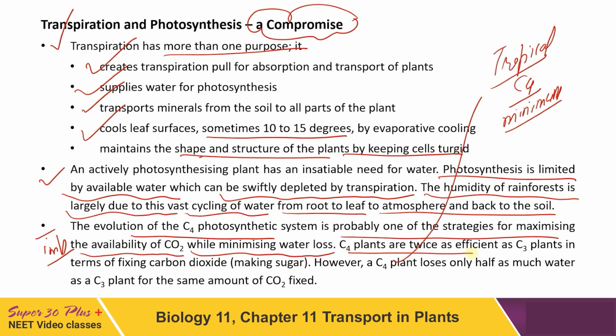C4 plants are twice as efficient as C3 plants in terms of fixing carbon dioxide. However, C4 plants lose only half as much water as C3 plants for the same amount of carbon dioxide fixed. That's why C4 plants make effective use of water.